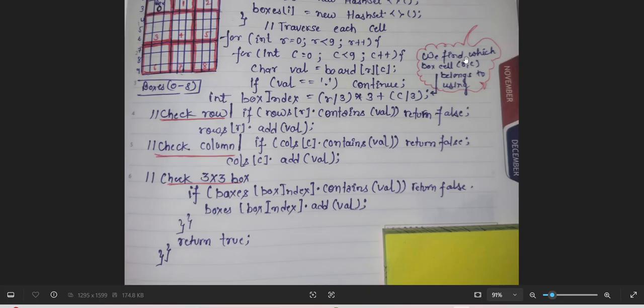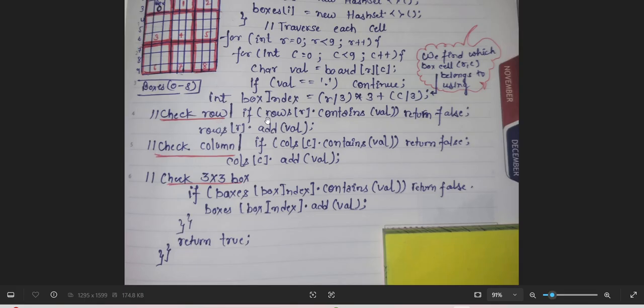That's how we find which box a cell belongs to, like which row and column we are checking. For that we are using this box index formula, row divided by 3 into 3 plus column divided by 3.